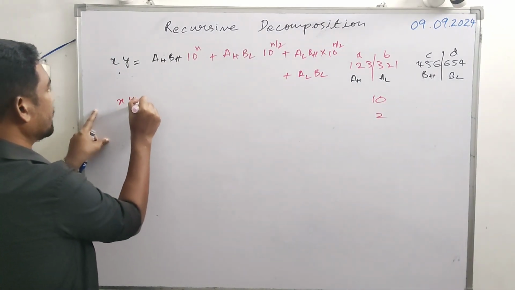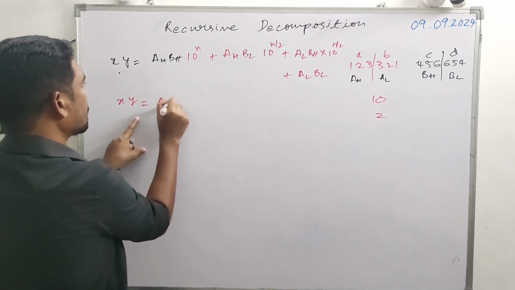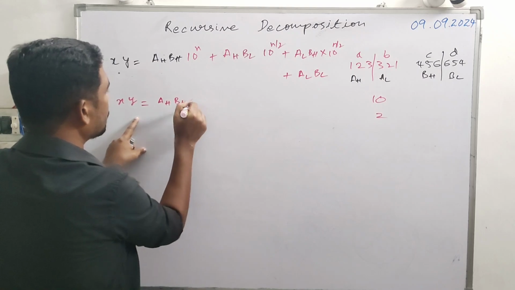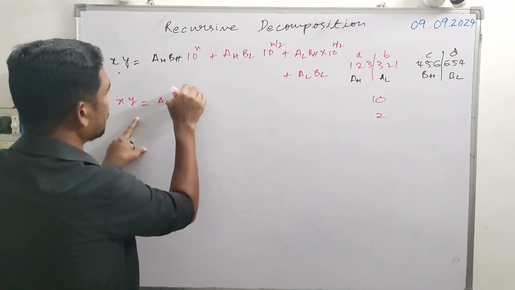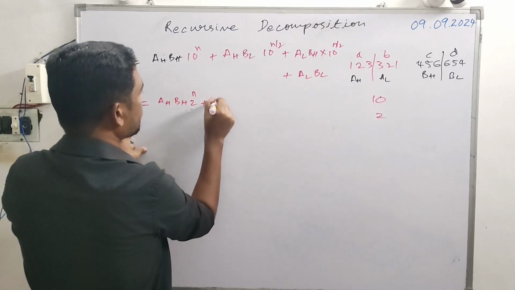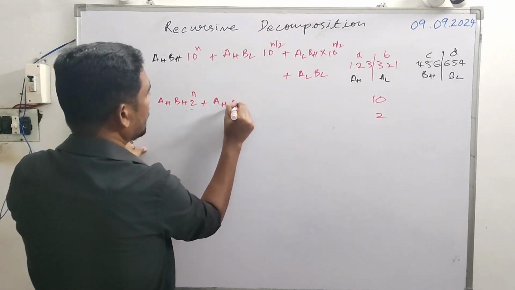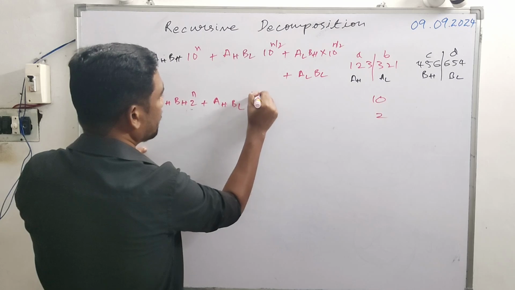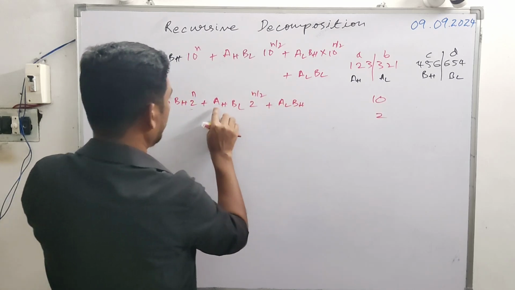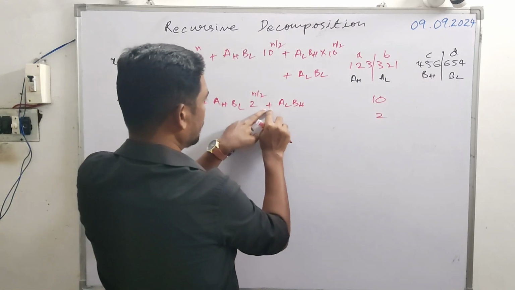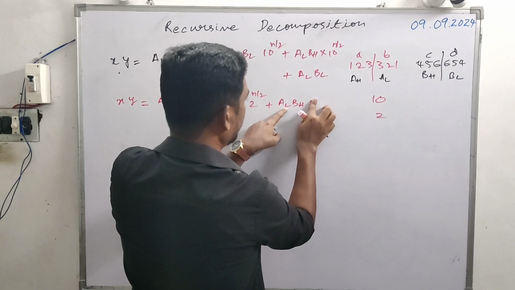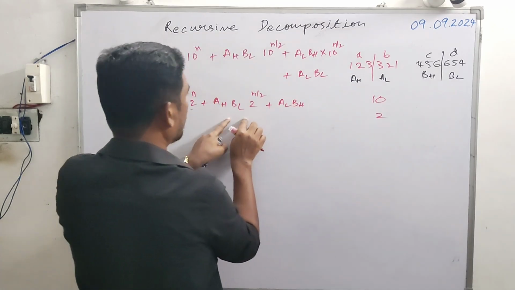x into y. That will be AHBH plus ALBH into, instead of 10, we have base 2 raised to N by 2, plus AHBL into 2 raised to N by 2, plus ALBL.